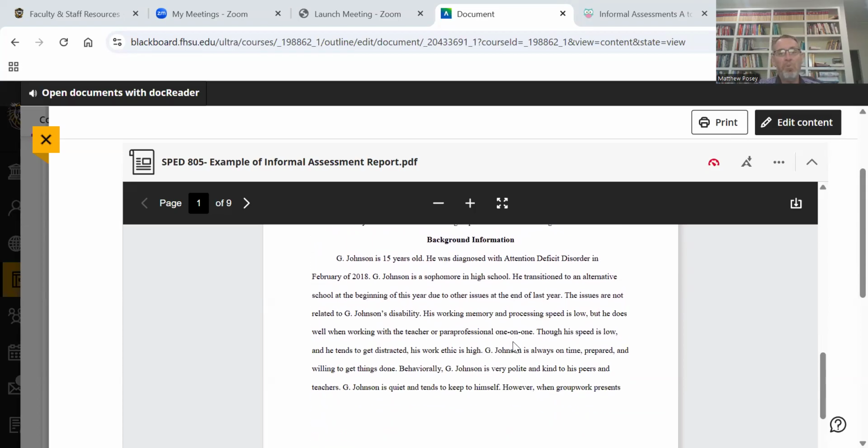The next section is where we provide background information on our case study student. You can see here where the example uses an abbreviated name or a pseudonym for their student. We don't ever want to use the real name.